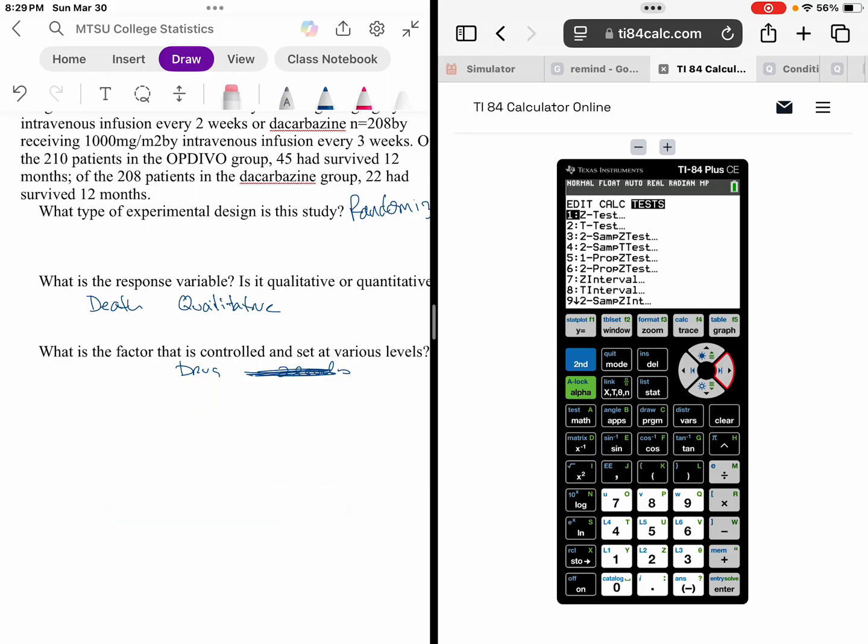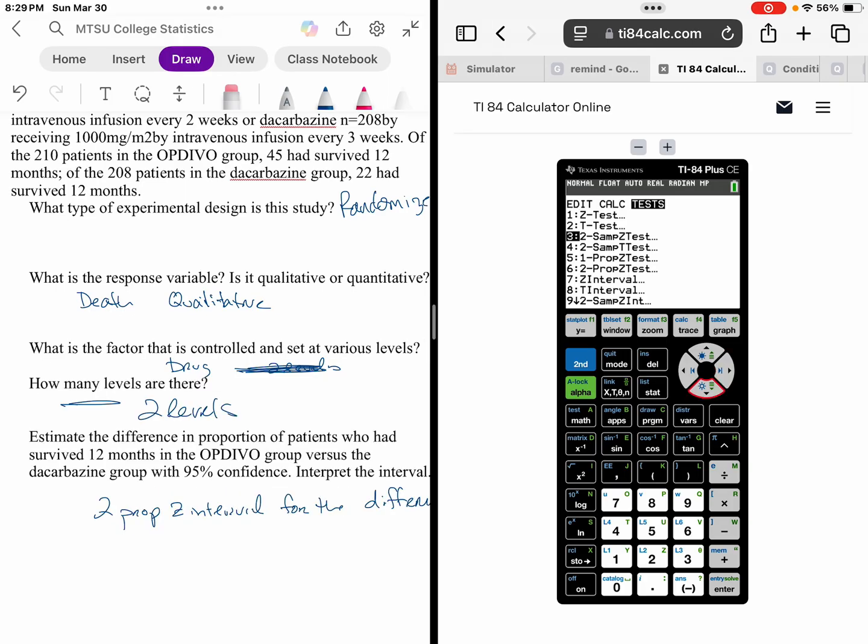Stat, over to Tests. It'd be a 2. There we go. It'd be option B, 2 proportion Z interval is what we want. So this is option B on the calculator, and let's go ahead and press enter.